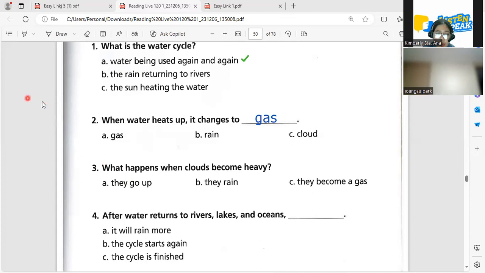Now let's have number three. Can you read number three? What happens when clouds become heavy?